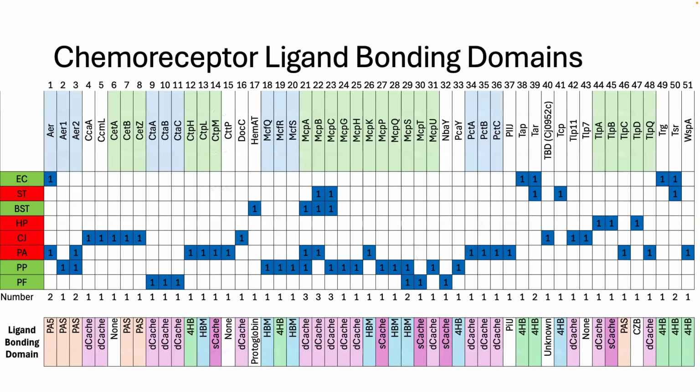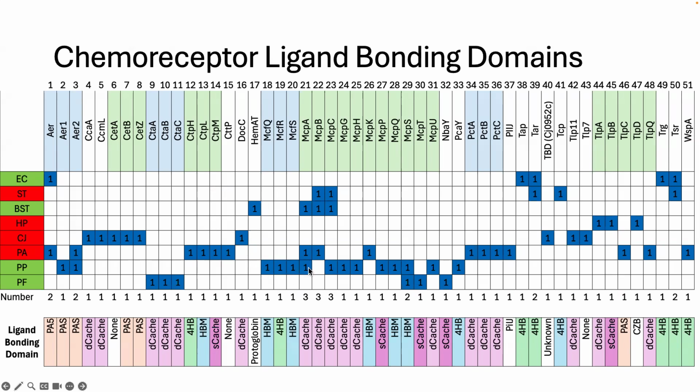So moving on, another thing that I looked at was the ligand bonding domains. And I showed you this chart before. Here are the 51 chemoreceptors that we looked at, and where they are in each one of these 8 bacteria.